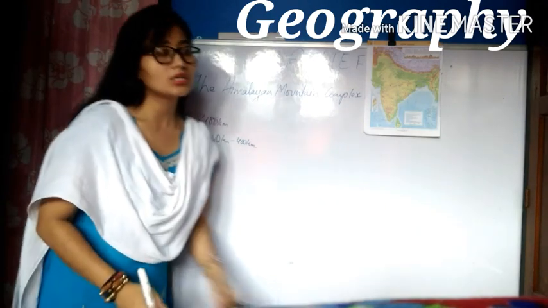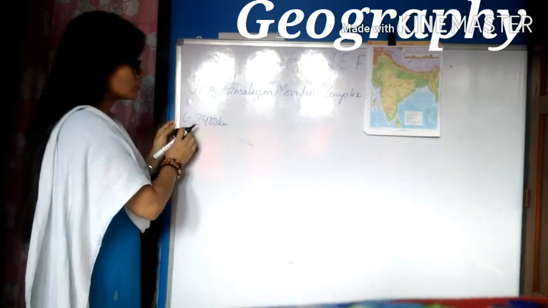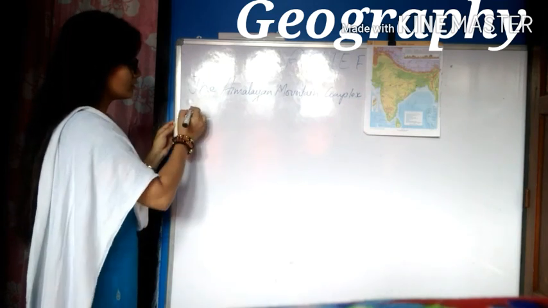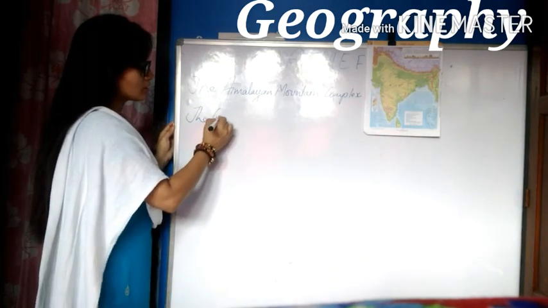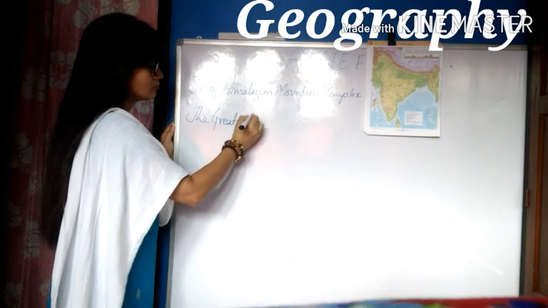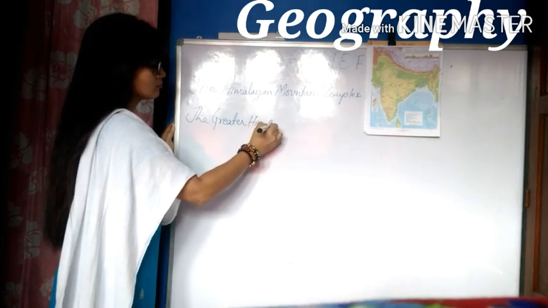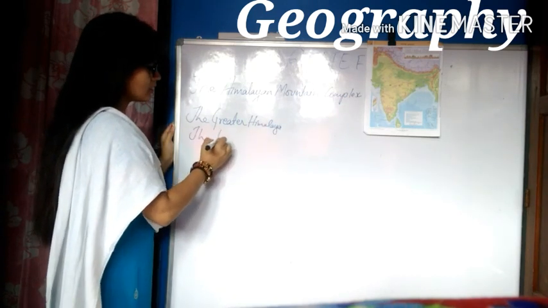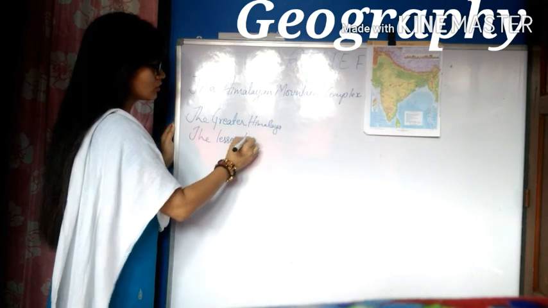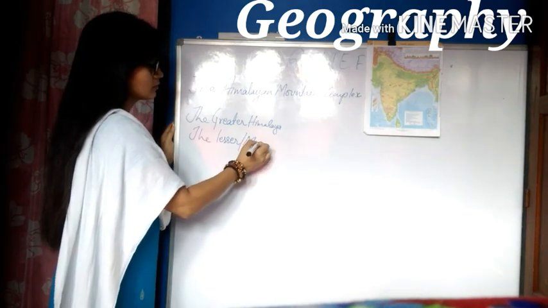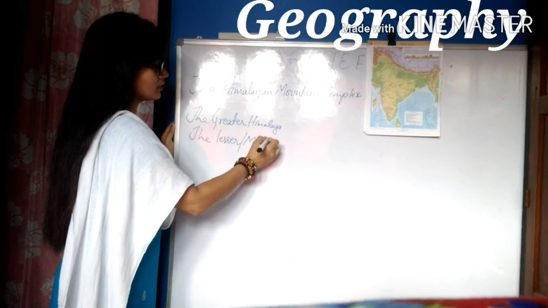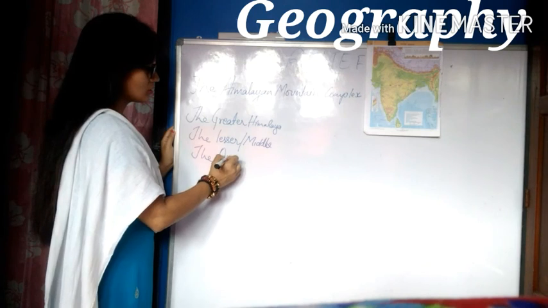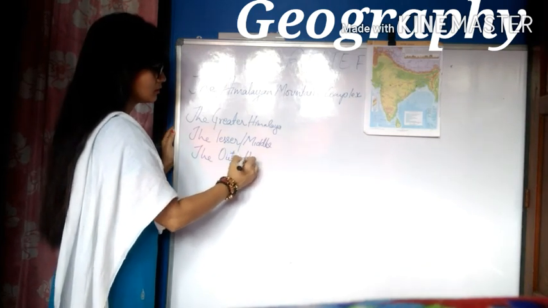The first division of the Himalaya is known as the Greater Himalaya. Second, it is known as the Lesser or the Middle Himalaya, and the third one is known as the Outer Himalaya.